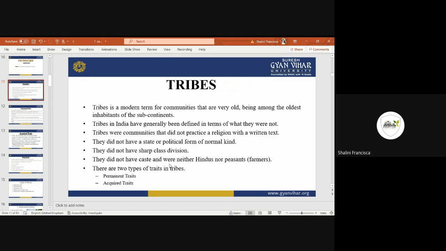Tribes were communities that do not practice a religion with a written text. When they were trying to come up with some of the factors, they came to know that these tribes are communities that follow a religion, but that religion doesn't have any written textbook or written rituals or written procedure for following it.